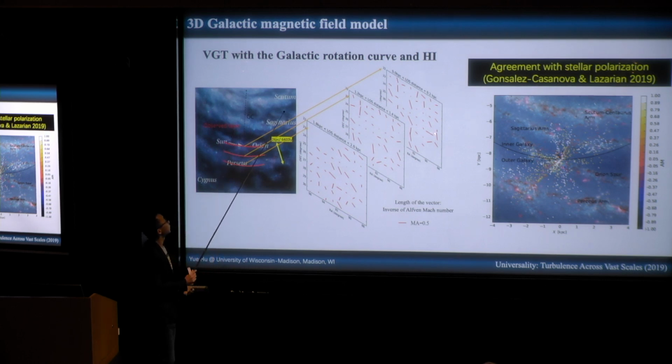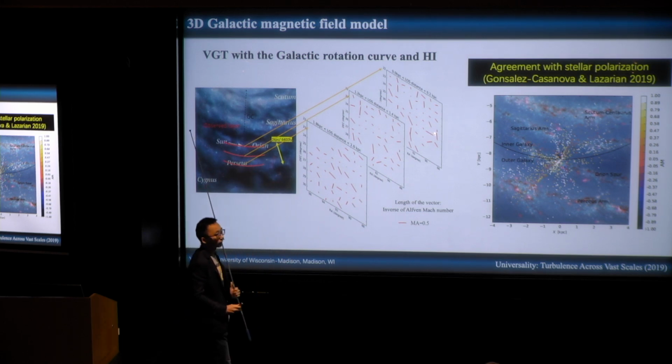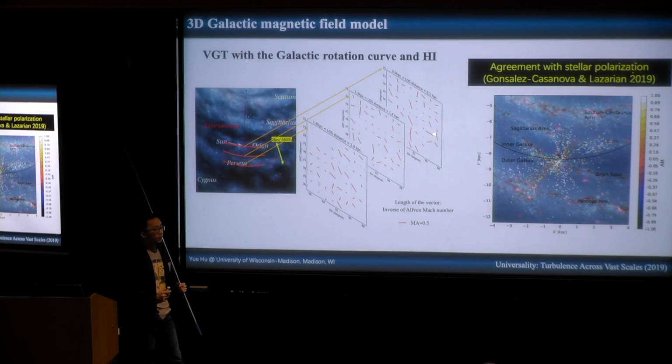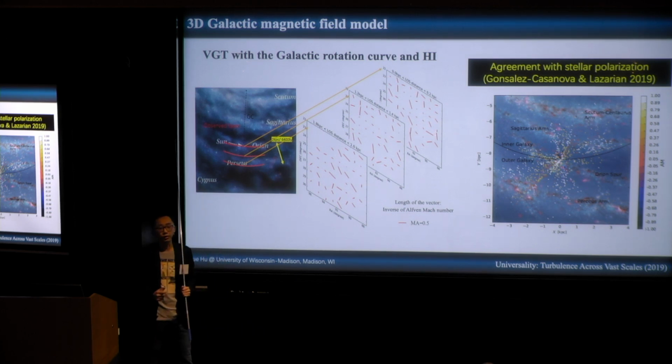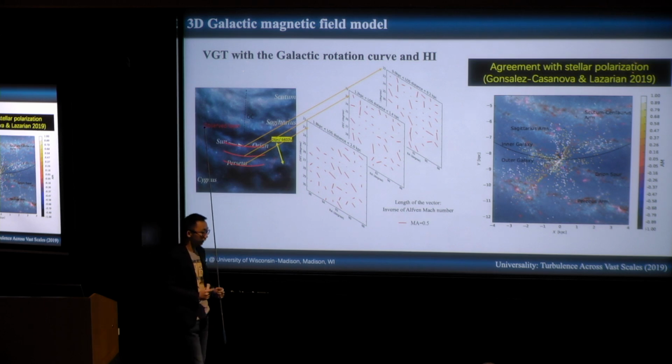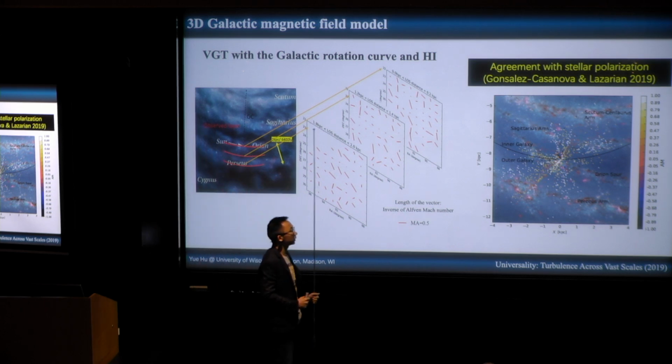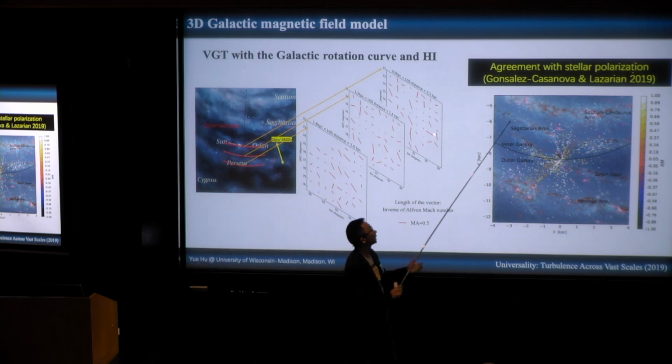With the assistance of the galactic rotation curve, we can reverse the spatial coordinates of the HI PPV cube in our galaxy. And the application of VGT in those PPV cubes will tell us the three-dimensional distribution of the magnetic field in our galaxy. And here we also compare our result with the stellar polarization.